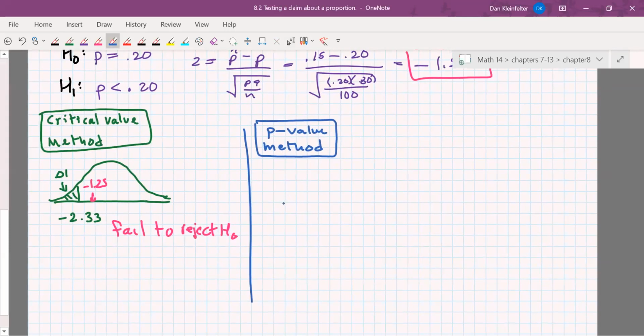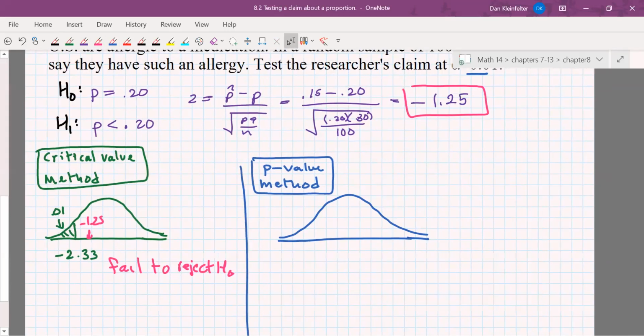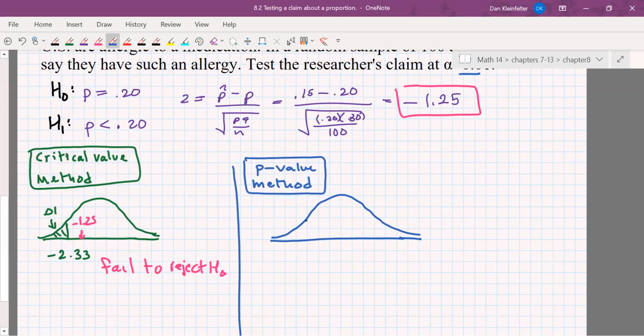For the p-value method, we're going to take the test statistic that we just calculated before, of negative 1.25, and look that up in the z-table and find the corresponding area. Negative 1.25 is 0.1056.